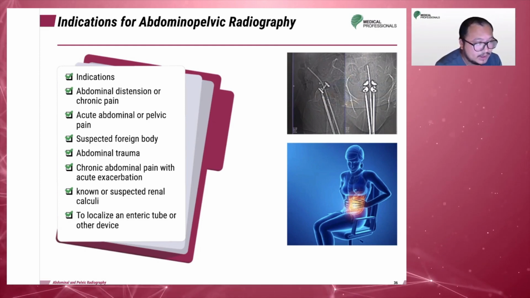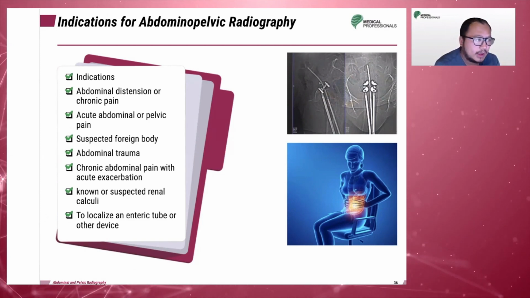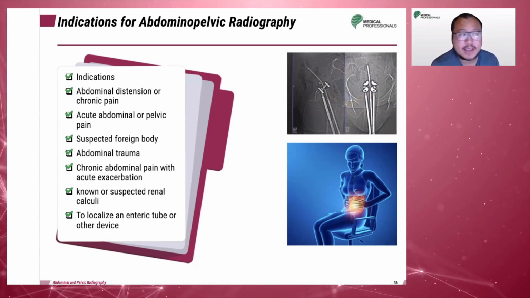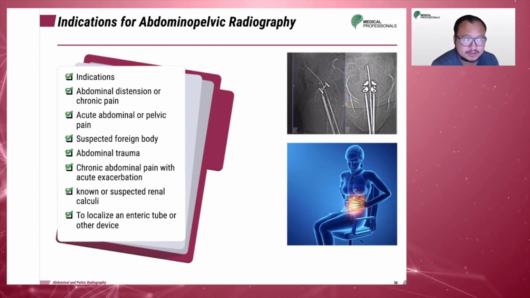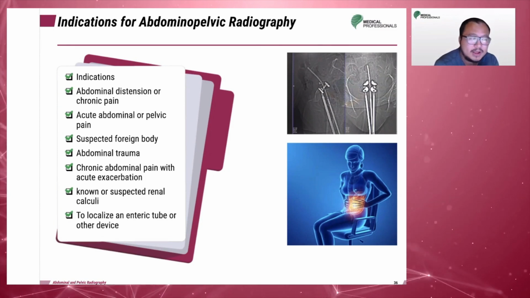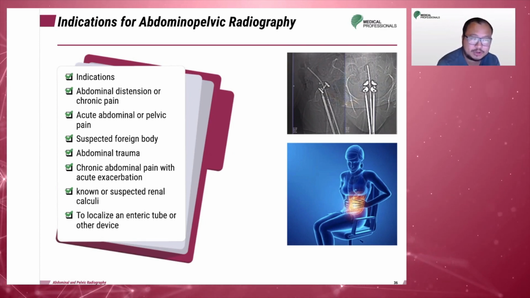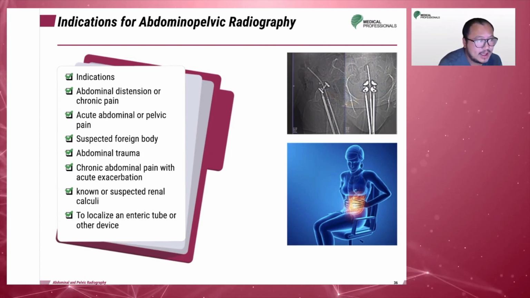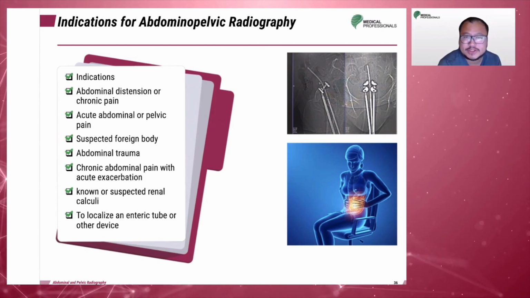So some of the indications that we see are abdominal pain, distension, suspected foreign body, trauma to the abdomen, potential renal calculus, or to even determine the location of a device that a medical professional places. Okay, so these are some of the things that we are seeing as reasons for getting these x-rays done.